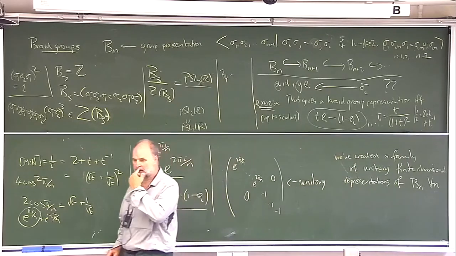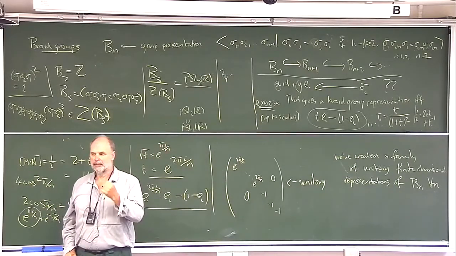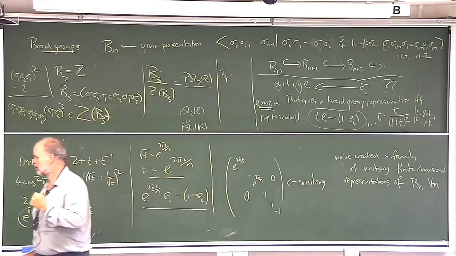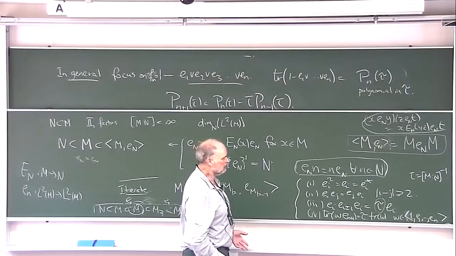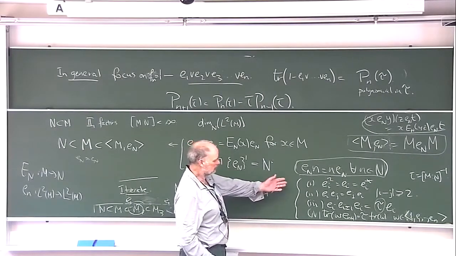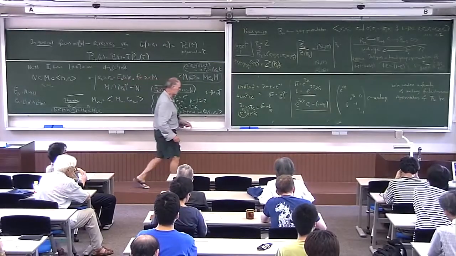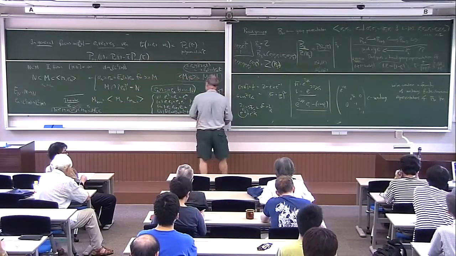Why do I say finite dimensional? I guess we've never really done this, but maybe now is time to do this while we're still at this level. We've still got these relations fresh in our mind, let's check.